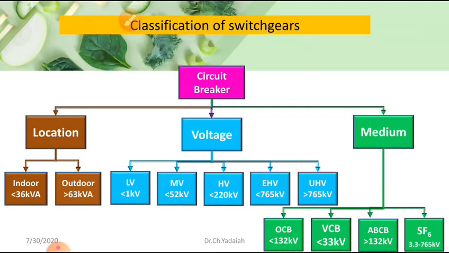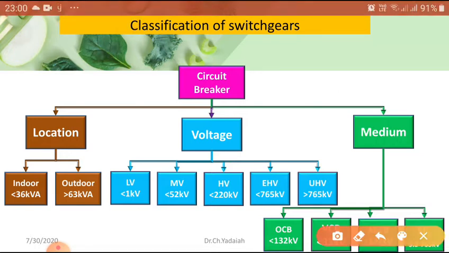These are the ranges: less than 33 kV, less than 1, greater than 130 kV, whereas SF6 gas is the latest, generally used from 3.3 kV up to the maximum voltage in Indian transmission, 765 kV. So these are the different breakers. From these, today we are going to concentrate on the OCB, the oil circuit breaker. This is the breaker we are going to study.